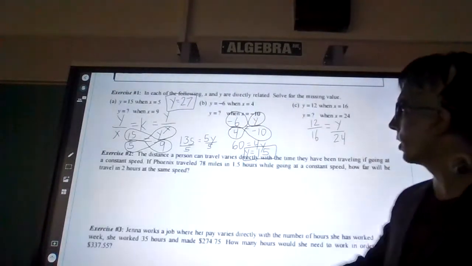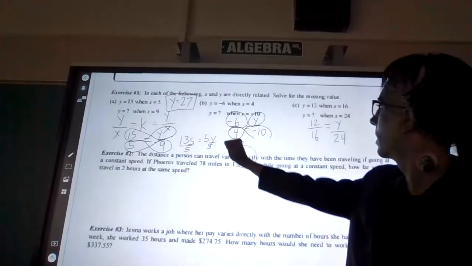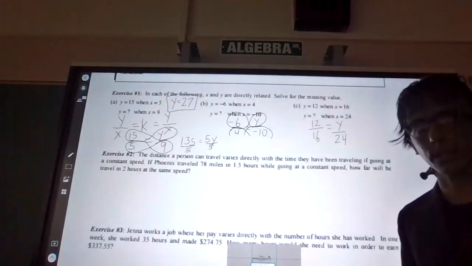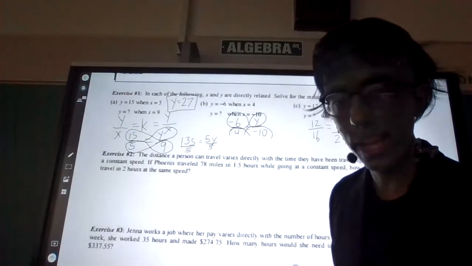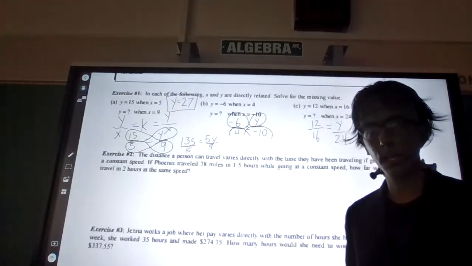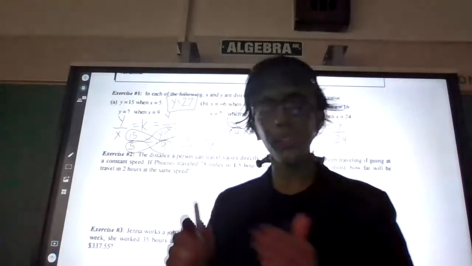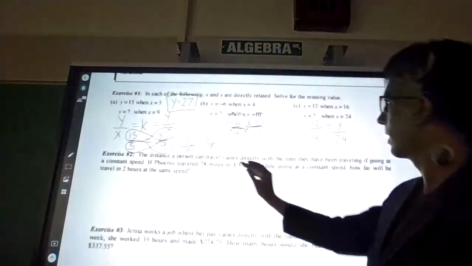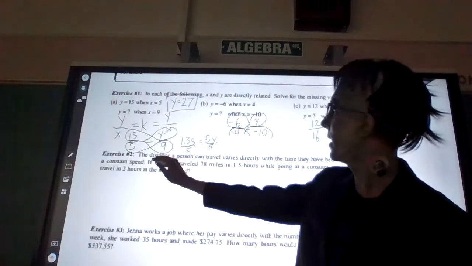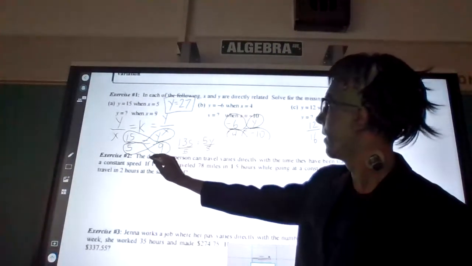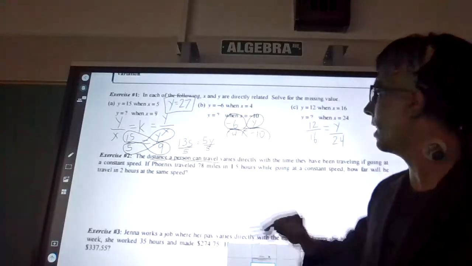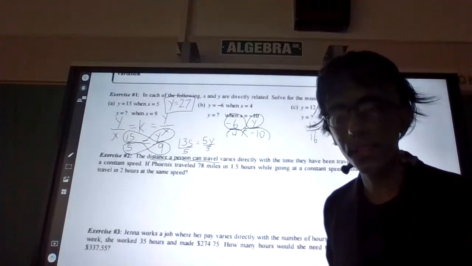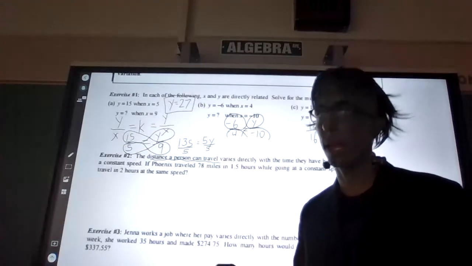The distance a person can travel varies directly. So again, there's that direct relationship. And whatever thing varies directly with the other thing, so the distance a person can travel, any guesses if that's our dependent or independent?